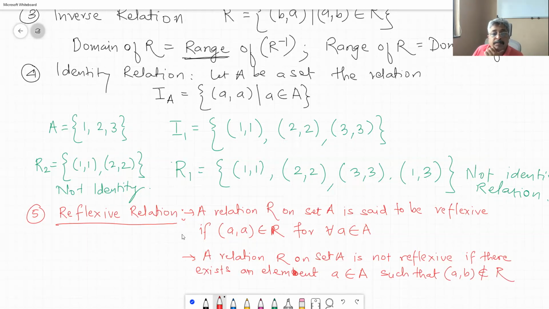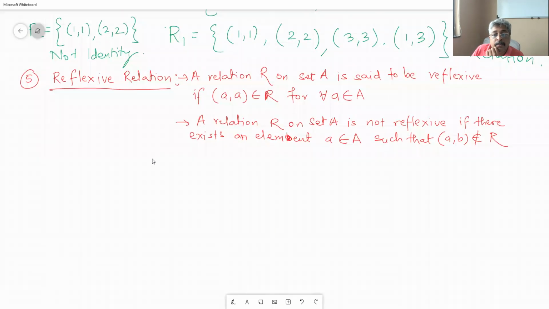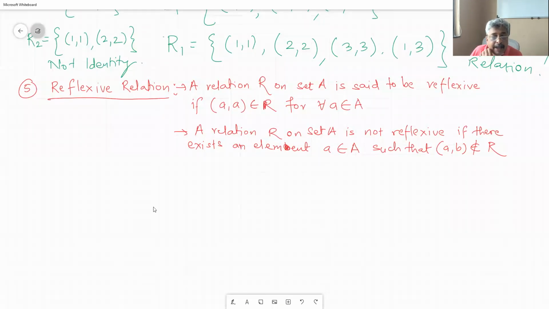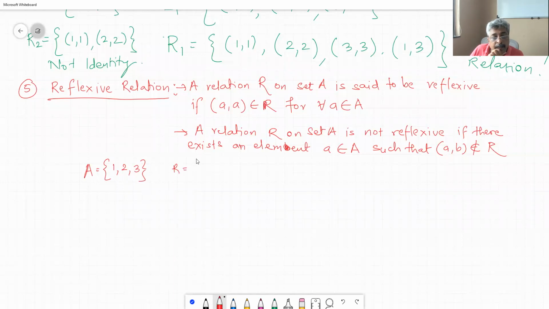Okay, example. Let A be {1, 2, 3}. Let R be {(1,1), (2,2), (3,3), (1,3), (2,1)}.